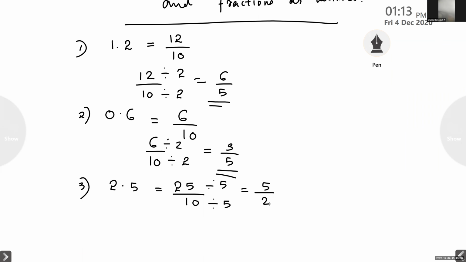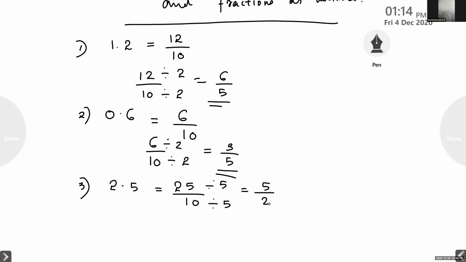Okay. So 2.5 is 25 by 10 and it is 5 by 2. You know what is half of 5? Half of 5 is 2.5, right? Did you understand? Clear, children? Yes, ma'am.